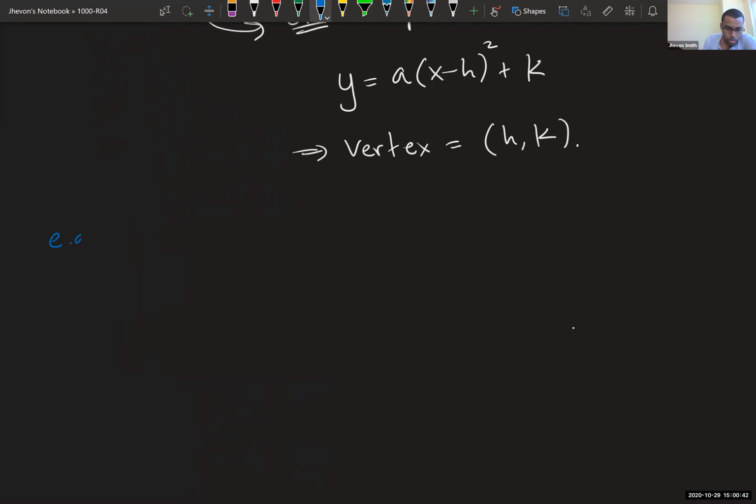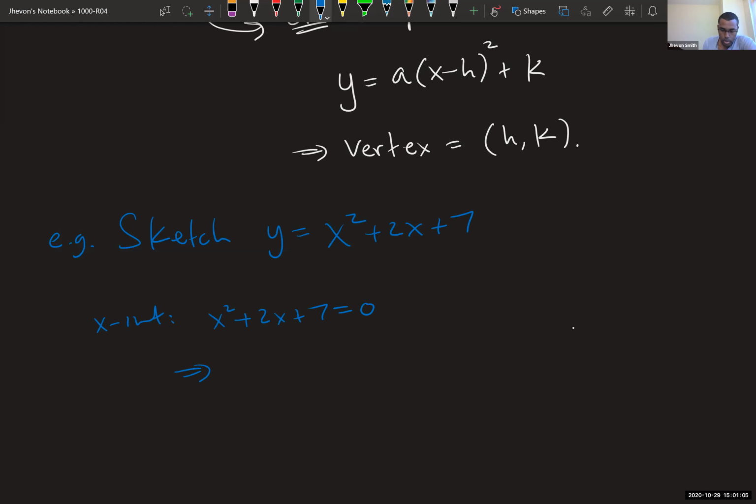Here's an example. Let's say I ask you to sketch y equals x squared plus 2x plus 7. So you try to find the x-intercept. You want x squared plus 2x plus 7 equals 0.